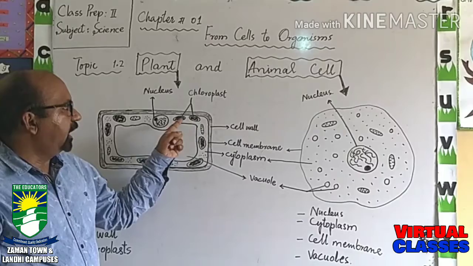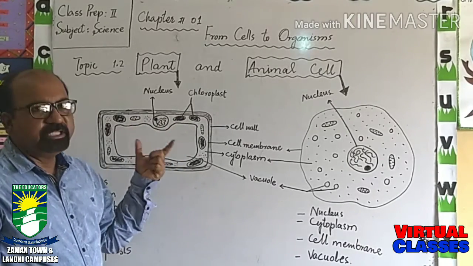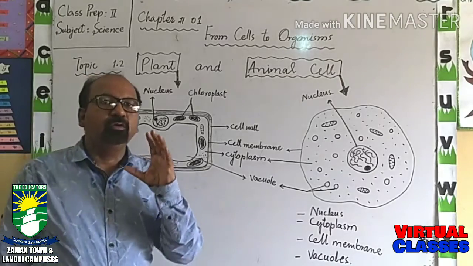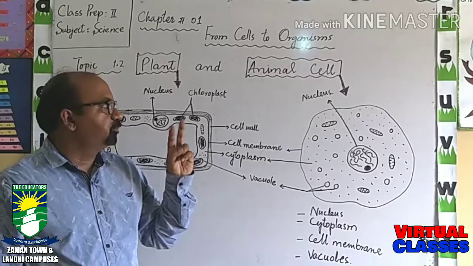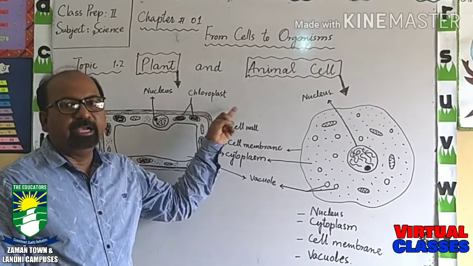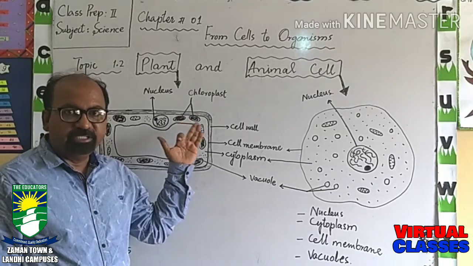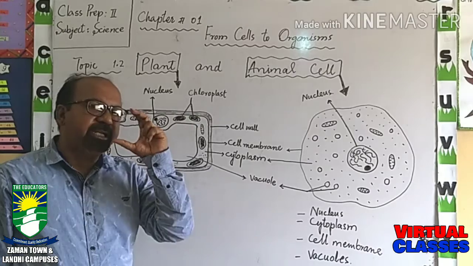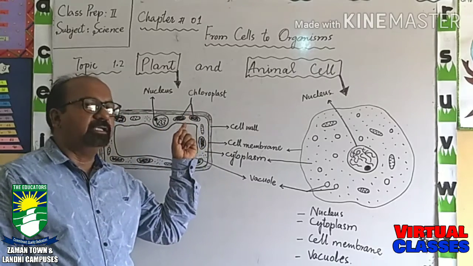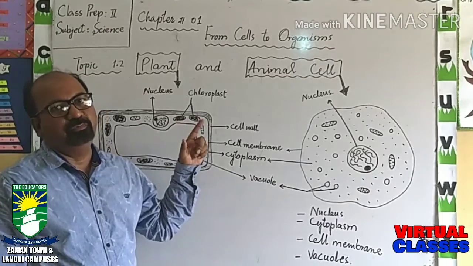Anyhow, the chloroplast is the part which is made up of chlorophyll. Chlorophyll is a green color pigment. Here are two different words, chloroplast and chlorophyll. Chloroplasts are the organelle which is present only in the plant cell, and the material with which the chloroplasts are made up of, these are called chlorophyll.